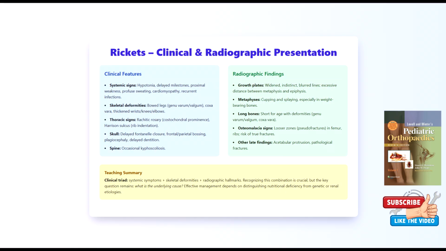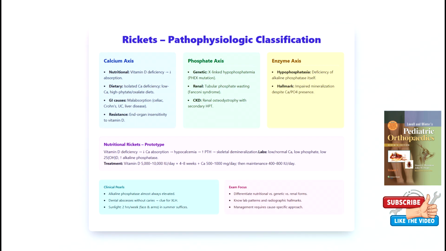The radiographic hallmarks, widened growth plates, metaphyseal cupping and splaying, and looser zones complete the diagnostic triad. When you see this combination, you must think beyond "this is rickets" and ask, what is the cause and how do I tailor management to that underlying etiology?